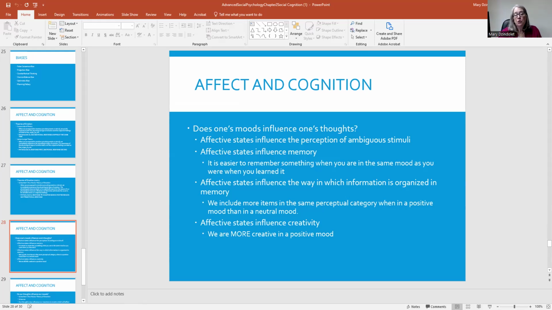Another thing is our mood will influence our memory. The way that this works is that whenever we memorize things, when we're learning things, in addition to learning what we're actually learning, there are cues from the environment and cues from our inner environment, our insides, that get associated with the content of what we're trying to learn.